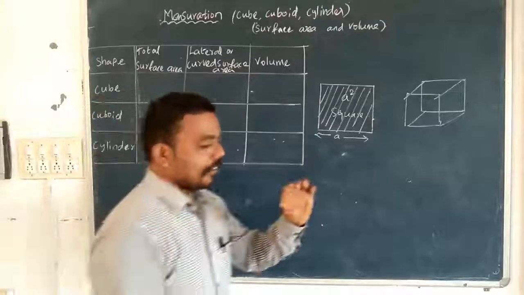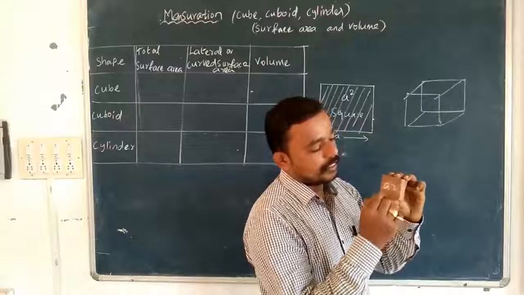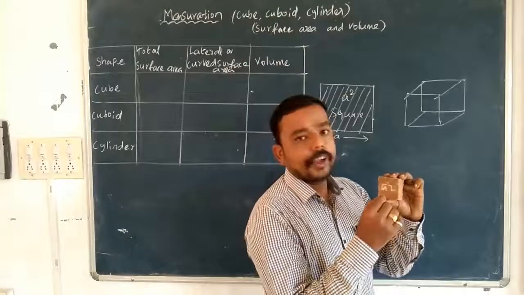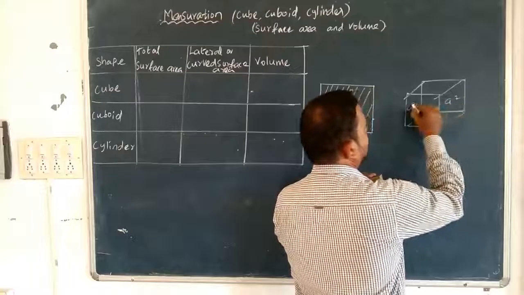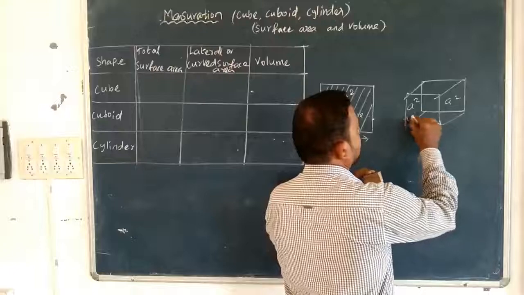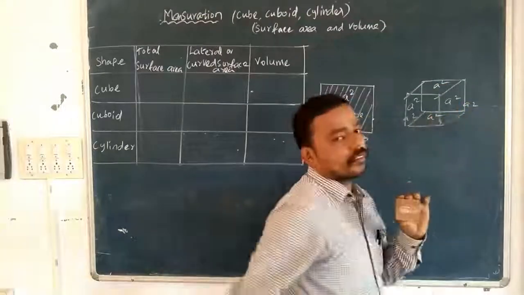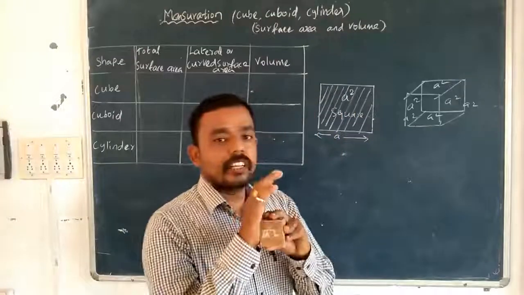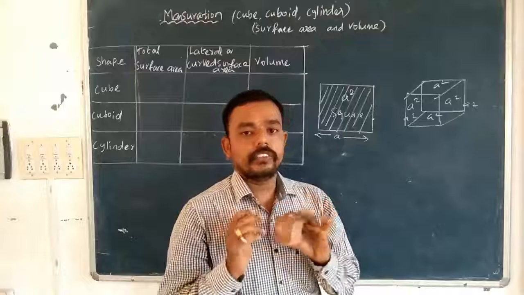So for that, the front side area is A square. The back side is A square. The side is also A square. Top also A square. Bottom also A square. So this is the enclosed shape by six sides: 1, 2, 3, 4, 5, 6 sides.